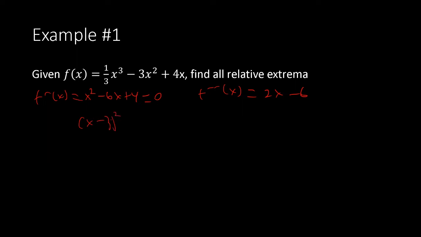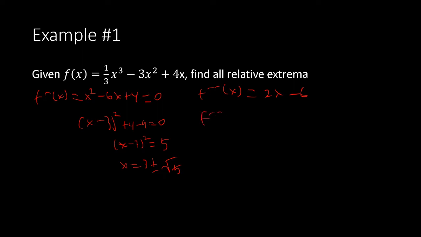I'm just going to go ahead and solve this. (x minus 3) squared plus 4 minus 9 equals 0. So (x minus 3) squared equals 5, and x equals 3 plus or minus square root of 5. I just did a real quick completing the square there. I don't know if you followed, but that's just what I did. And so now we're going to plug these into f double prime of x.